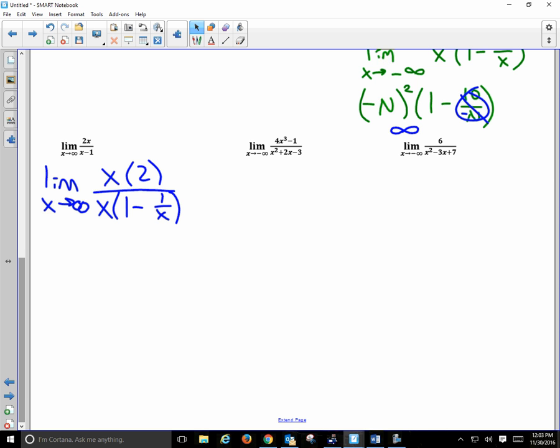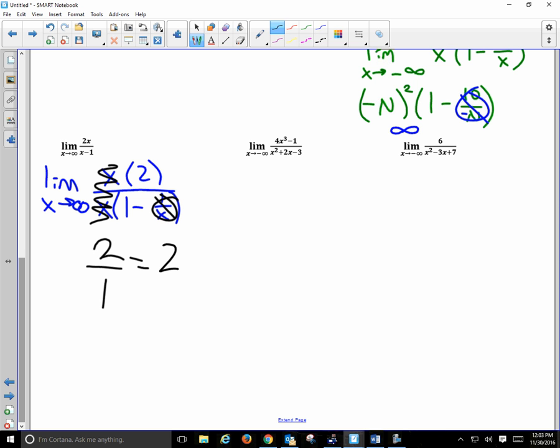So right here the x's go away, and the 1 over x goes to 0. So what are we left with? 2 over 1. So in this case, infinity divided by infinity gave us 2. You try the next one.